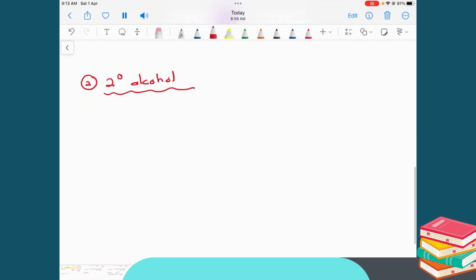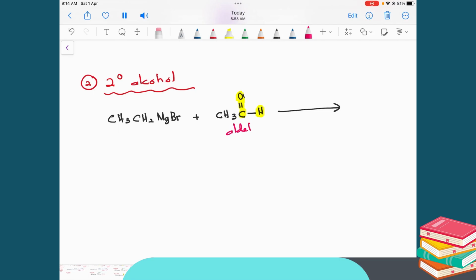We are still using the same Grignard reagent. Now let's look at here. We have C double bond O, which is a carbonyl, and the neighboring atom is hydrogen, so it is an aldehyde.